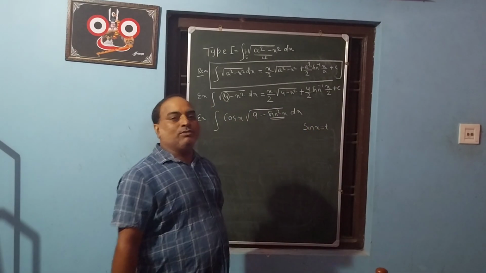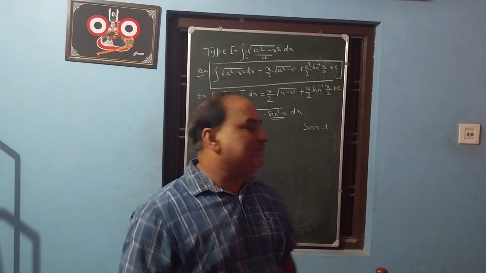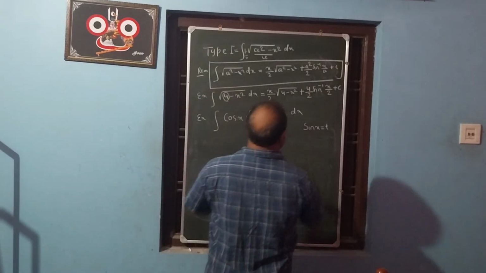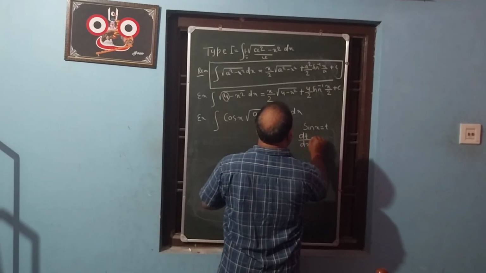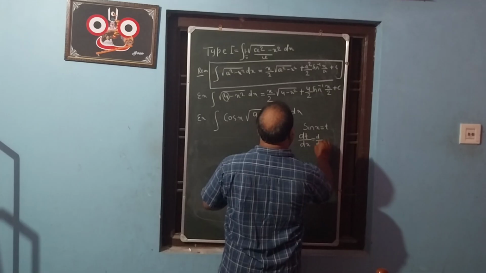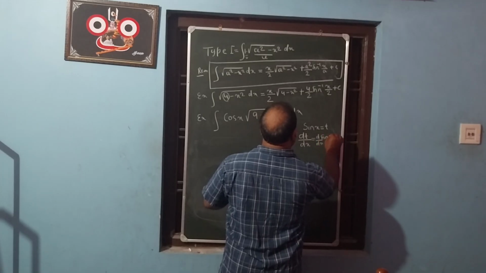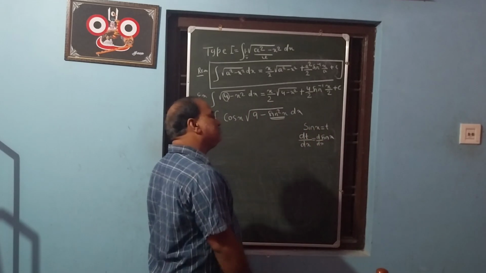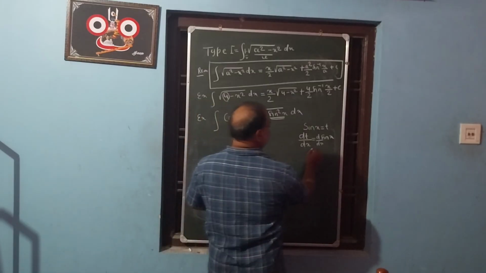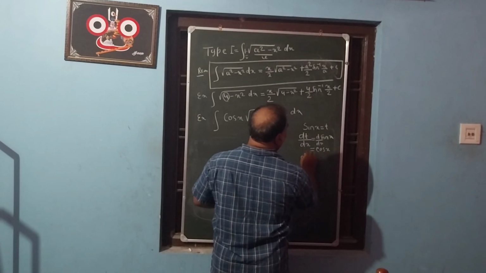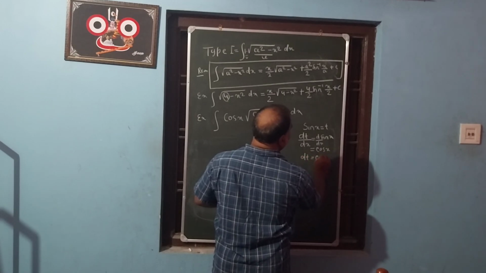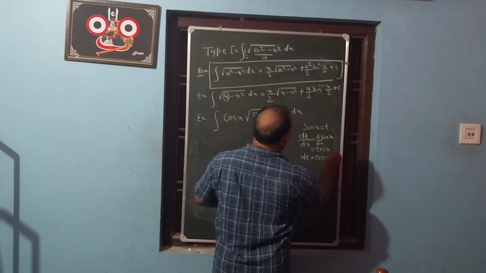Once you take it, you have to differentiate on both sides with respect to x. So we get dt by dx, that is d by dx of sin x. We know the derivative of sin x is cos x. So dt is equal to cos x into dx.